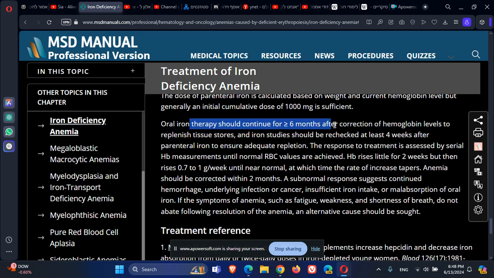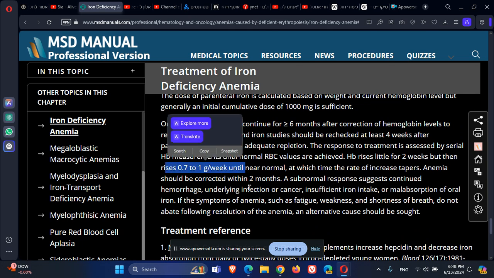The oral supplementation should be continued for more than 6 months after we have corrected the deficiency. Usually, in the start of the treatment with oral iron, in the first weeks, the hemoglobin levels won't change too much, but after this, you can see an elevation of around 0.7 to 1 gram per week.